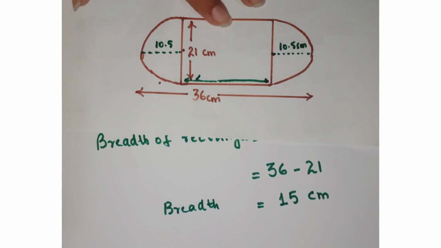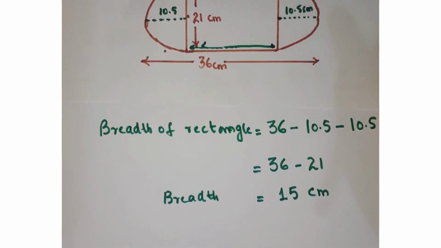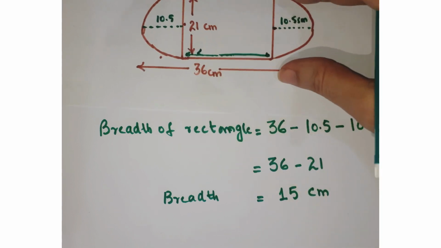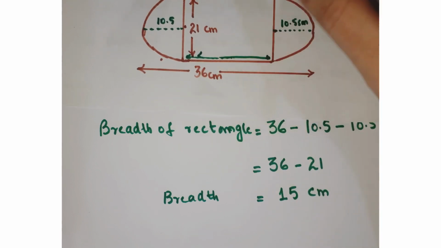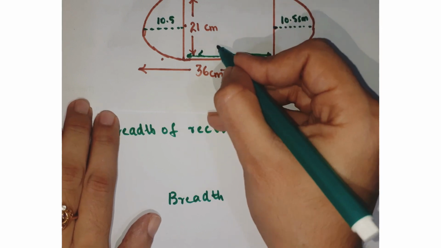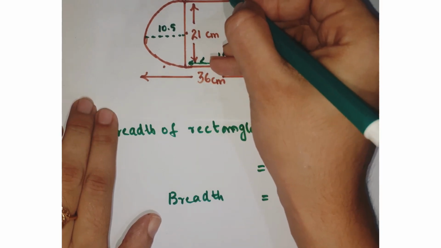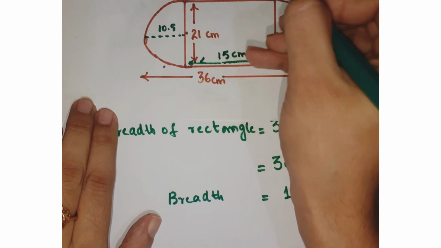Now next thing, next data that we want is the perimeter. Like this length we have calculated, this opposite side of the rectangle has the same length, right? So this we have calculated as 15 centimeter and this is also 15 centimeter, right?